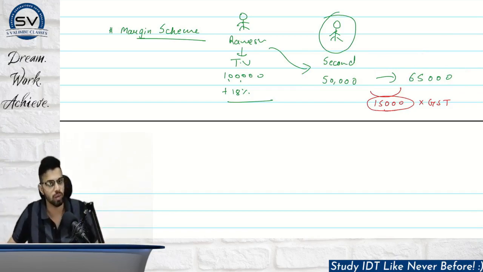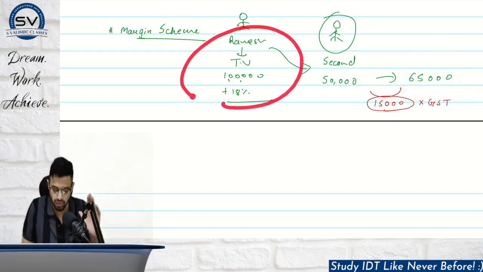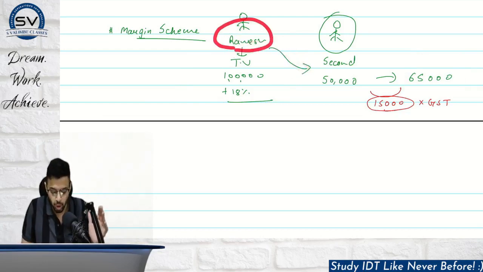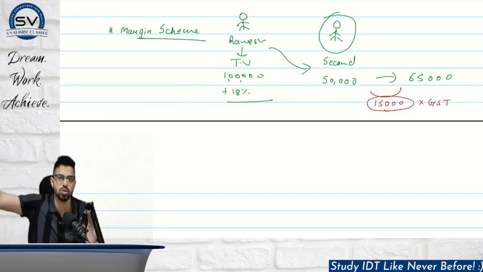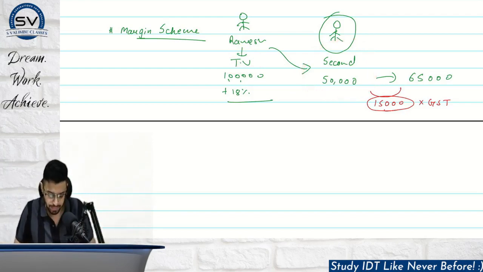Those conditions need to be met. But the basic logic is that we have to avoid double taxation of 65,000, because the 1 lakh rupees has already been taxed, and this is not something that is happening in a business transaction. This person is not doing the business of TV selling. He is just selling a household item to some person, right? That is me, the second-hand dealer. Okay, let's see.